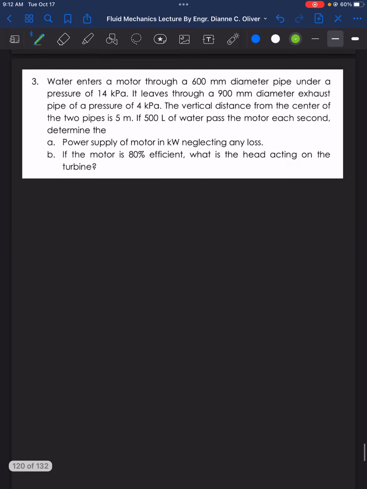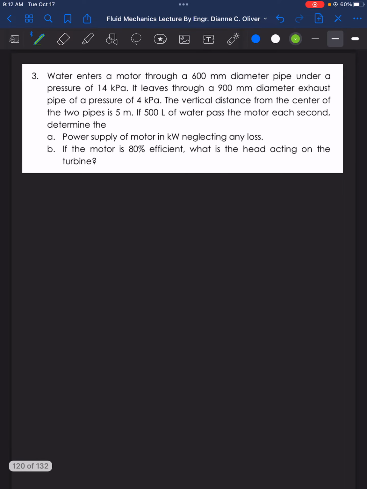Let's now go to example number 3. Water enters a motor. So this time we're going to use a motor. Water enters a motor through a 600 millimeters diameter pipe under a pressure of 14 kilopascal. It leaves through a 900 millimeters diameter exhaust pipe at a pressure of 4 kilopascal.